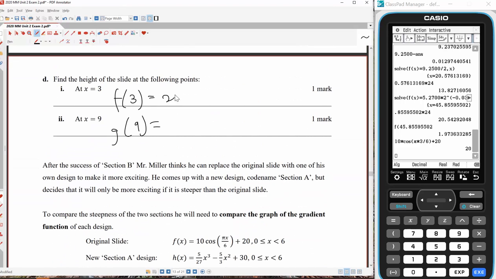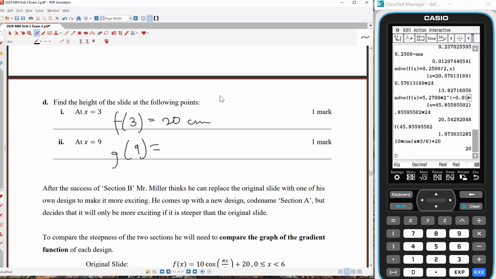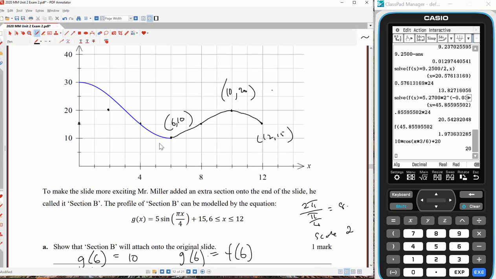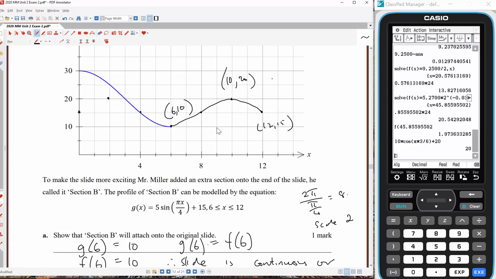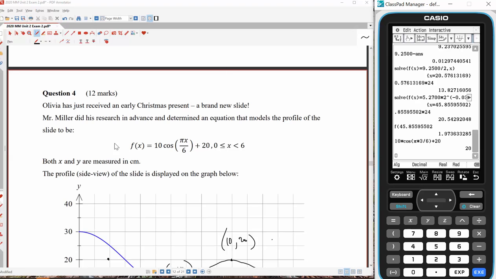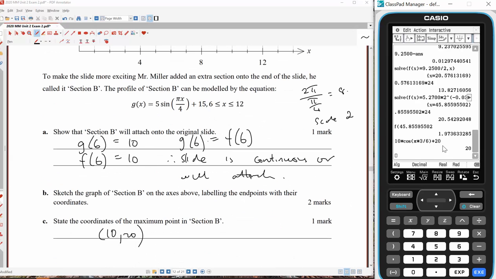So that one there is 20 centimeters. Meters? Centimeters. 20 centimeters, doesn't seem like that much. Anyway, and 9, yeah, probably going to have to type that one in. I think that's a clunky value. So g of x is here.